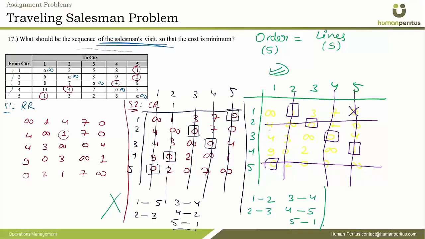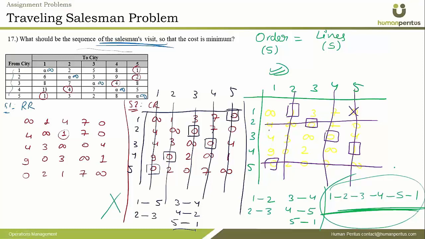So I can see that rule 1 is applied. Rule 2 is also applied, that no place has been visited twice, and rule 3 has also been applied. Since if I add all this, it will be 1, 2, 3, 4, 5, 1. Right? So this would be my optimal solution.